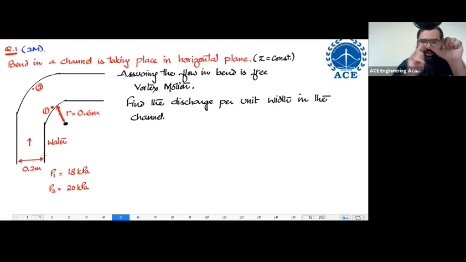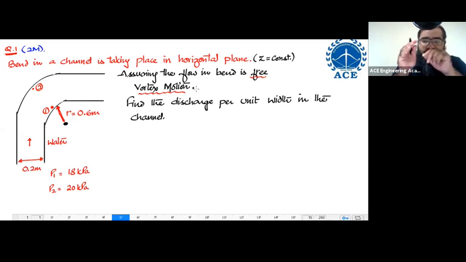Now you see what all things are given to you. You are given the value of P1, you are given the value of P2. It is already mentioned to you that the value of Z1 and Z2, both of them are the same because it is constant. It is mentioned to you that you are having free vortex motion. Now start thinking, if all this is happening over here, which equation should I apply?